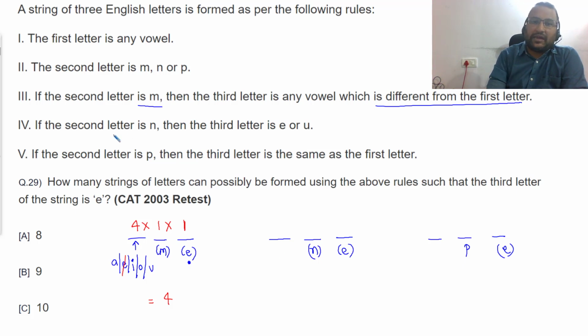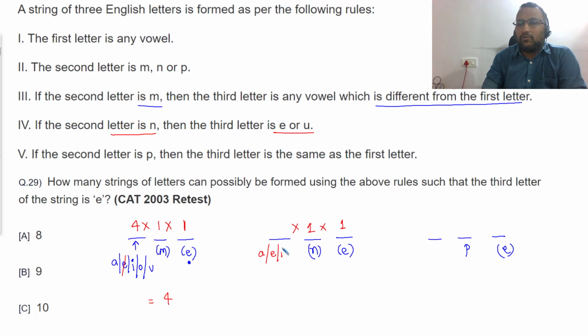Now if the second letter is N, the third letter is supposed to be E or U. Okay, 1 choice, 1 choice, and the first place can be any vowel, A, E, I, O, U. So total 5 choices are there. So over here the answer is 5. Third case, when the second letter is P, the third letter is same as the first letter.